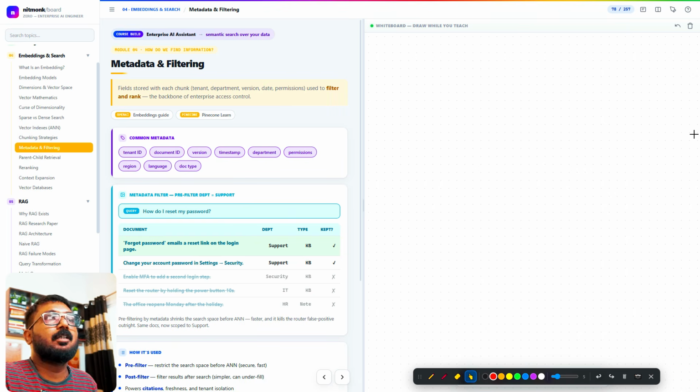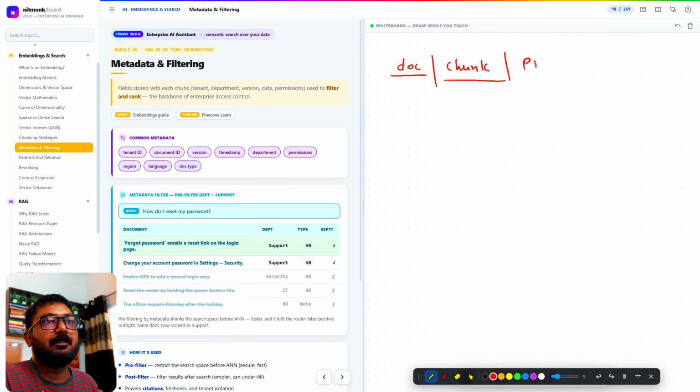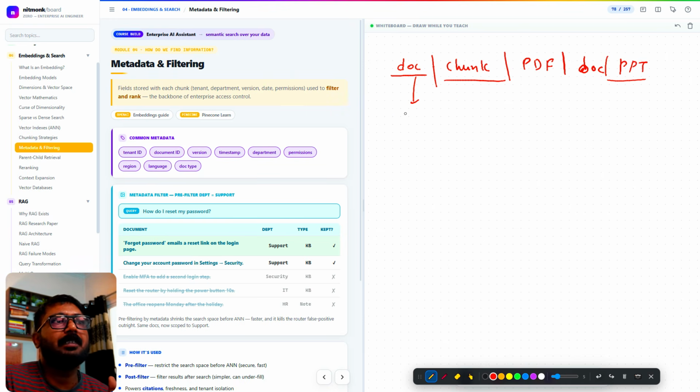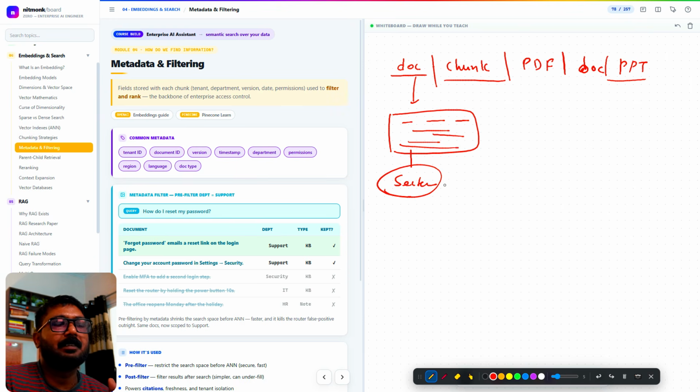Once you get a document, once you get a PDF, a doc, a PPT, you try to break them into smaller pieces. This is the character level, this is the sentences, group of sentences. And now this group of sentences is divided by those 20 plus chunking methods.